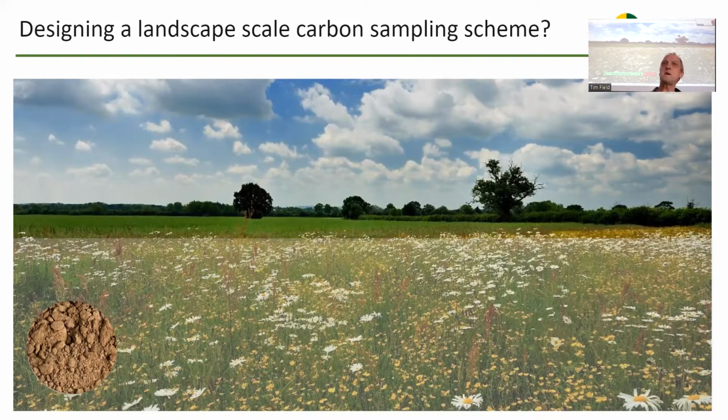So issues of scale are really difficult and important in this area. Do I want to know just how much carbon is in this bit of my field, in the whole field, in my whole estate, or on the whole cluster? And that's relevant to the scale at which we're proposing we're going to manage carbon, or we're going to invest in this natural capital. Are we going to do it on a field scale, an estate scale, or a landscape scale?